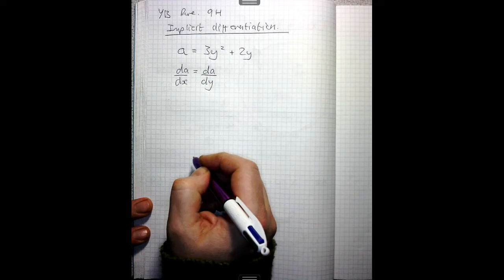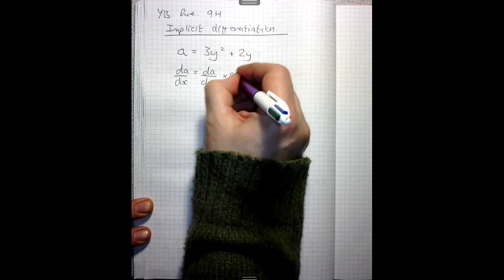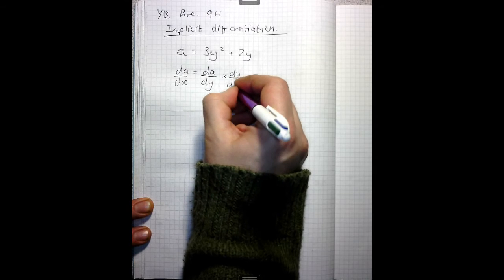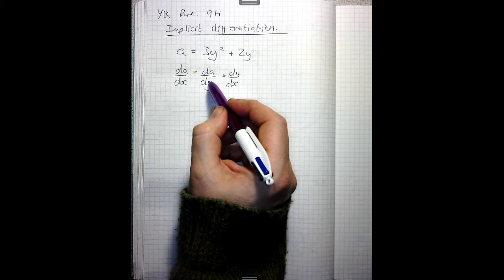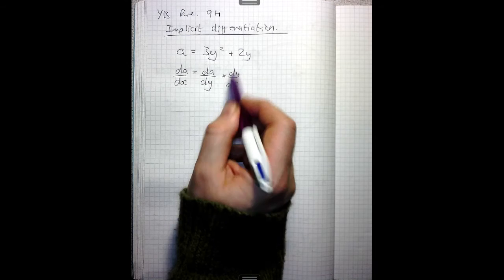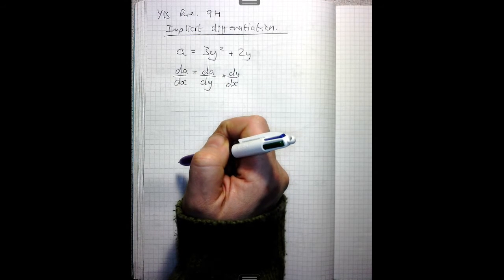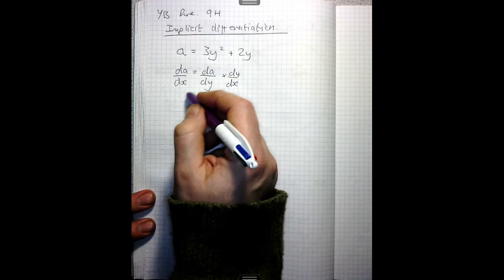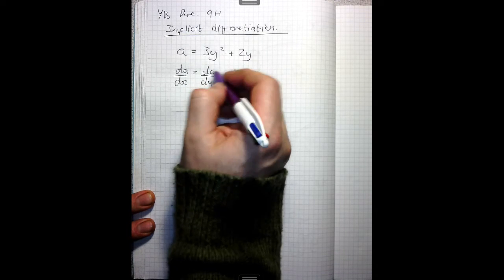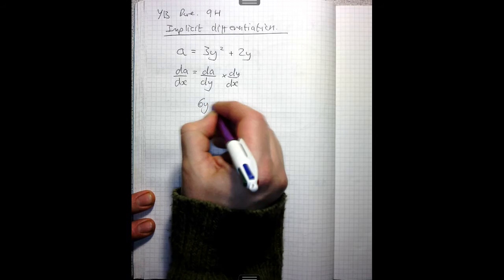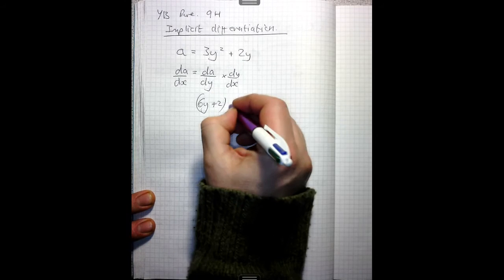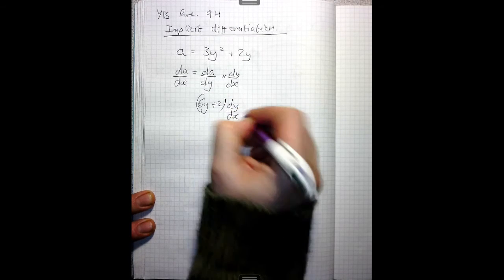I can get dA/dy pretty easily. Remember, I can treat these things like fractions because the dy's, if you like, would cancel out. So again, this is just an implementation of the chain rule. So here, dA/dx, I differentiate with respect to y and multiply by dy/dx.